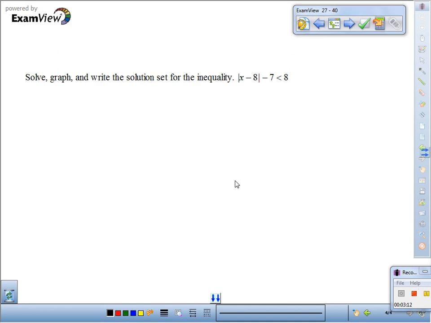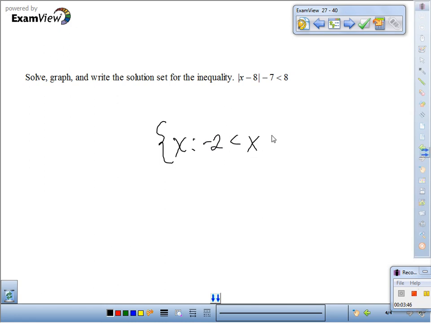27. Solve, graph, and write the solution set for the inequality. Oh, this was part of the warm-up, right? And we already did this one yesterday? Yes? Okay, good. Just to give you the solution for this, solution set x such that, what is it?